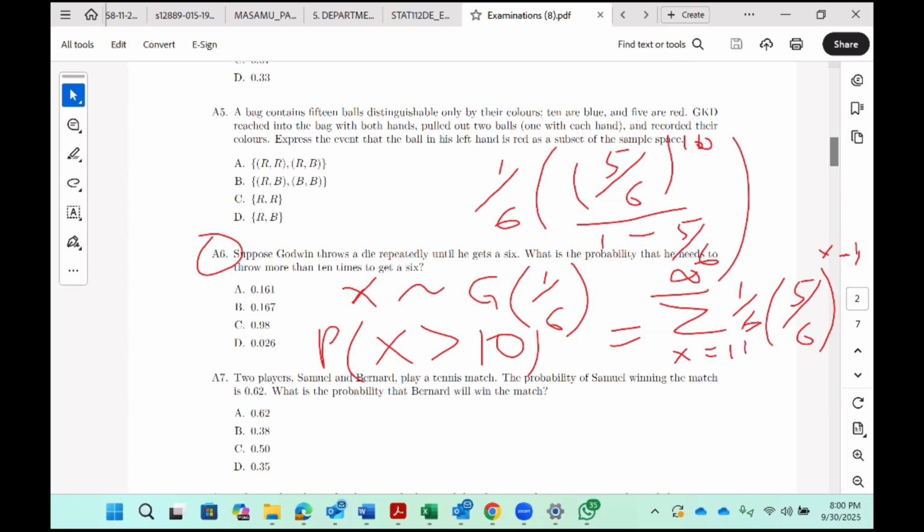So the denominator will cancel this, and we are left with 5 over 6 to the power 10. And what will that be? Can we calculate that? So we'll have 5 over 6 to the power 10.